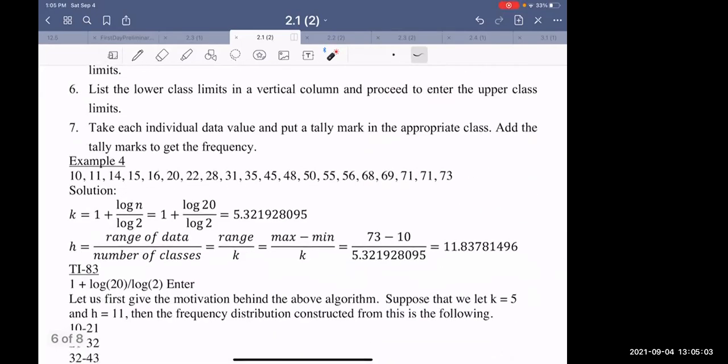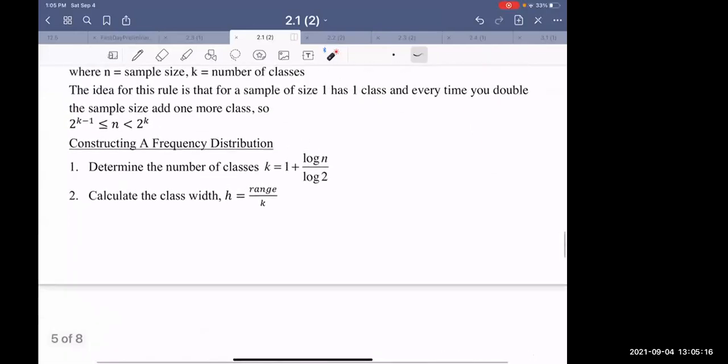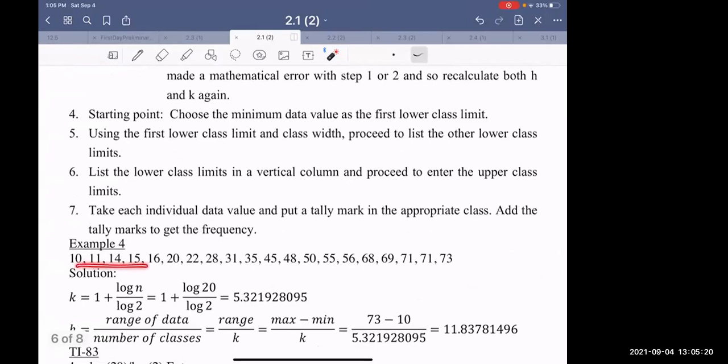So H here is the class width. Now, the class width should have the same number of decimal places as your data. The data are integers. They're to the whole number, to the unit decimal place.